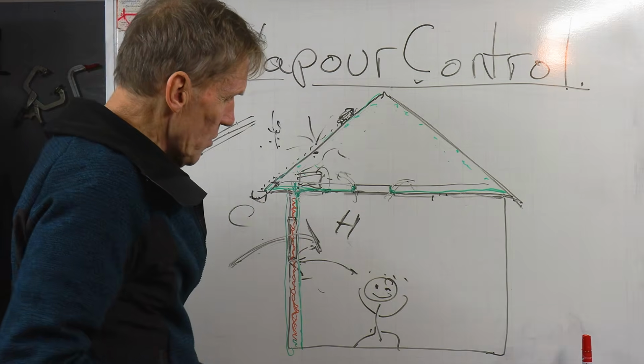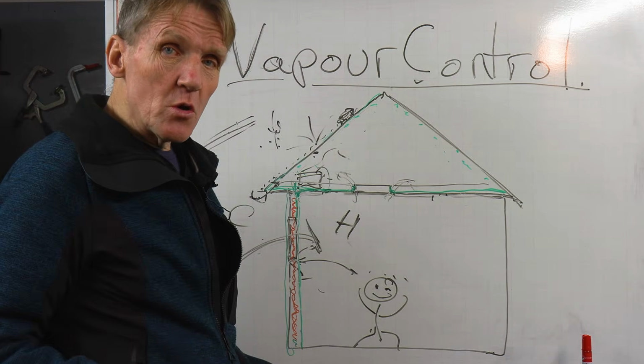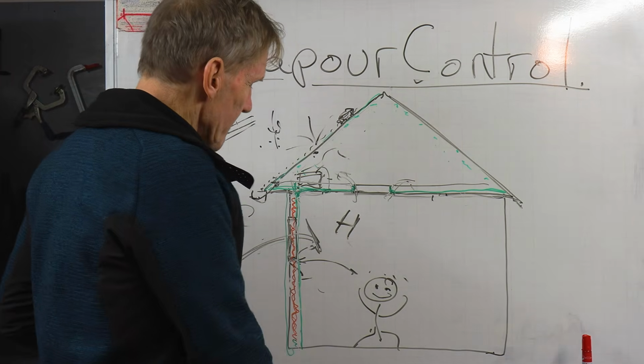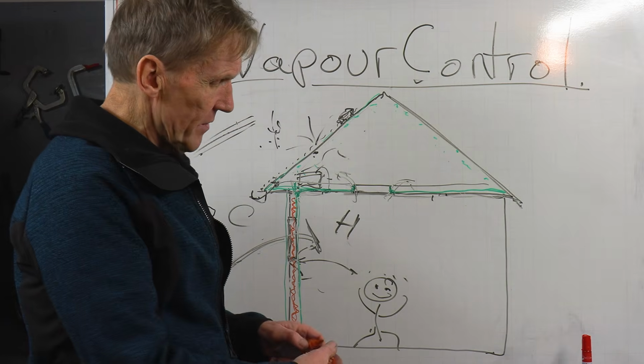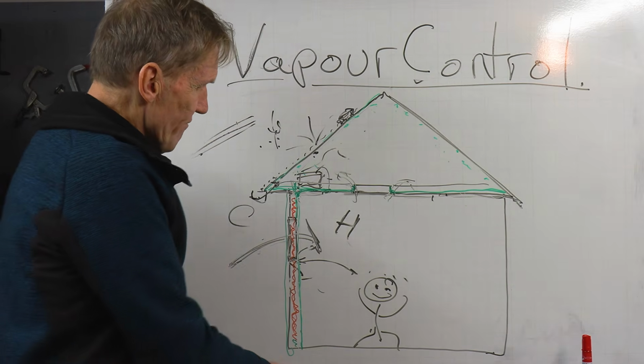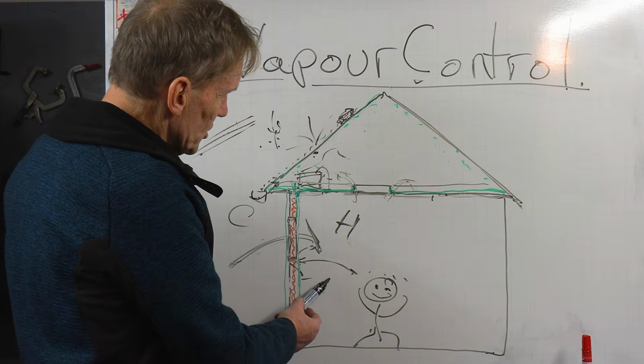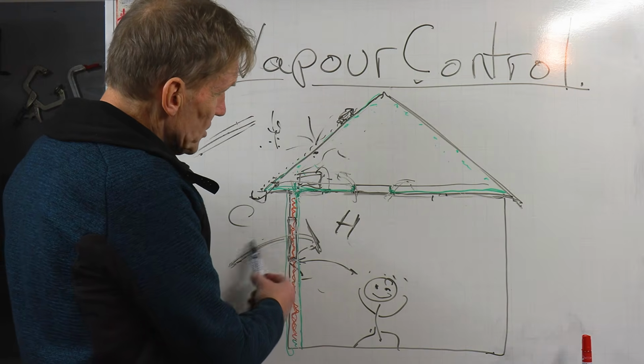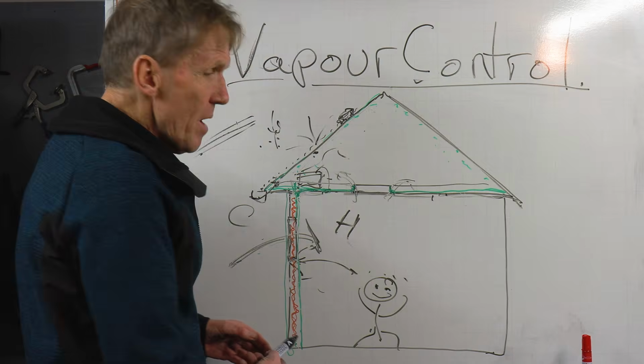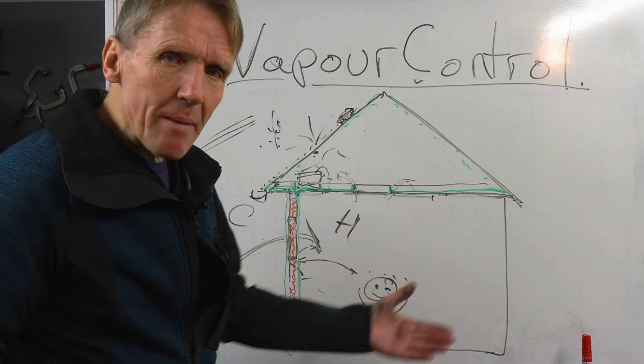So there are people who say, well, the best thing to do, not put a vapor barrier in there at all, to actually leave it out and to just let the free passage of moisture go through the wall in whichever direction it wants to go through, but at least it's not being trapped inside.